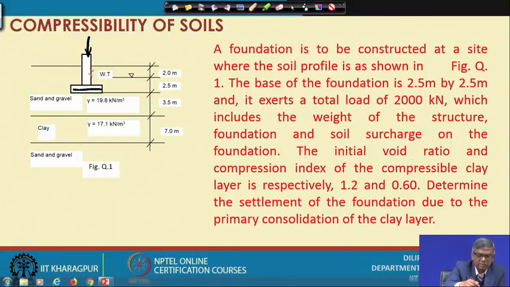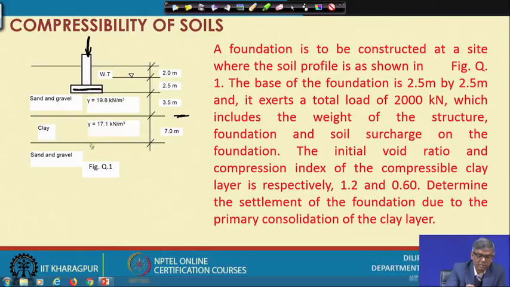So, typically this is one particular footing, and some load is there. You can see the soil profile here, where different types of soil are there. Up to this depth, about 8 meters, there are sand and gravels, and after 8 meters there is a 7 meter thick clay layer.